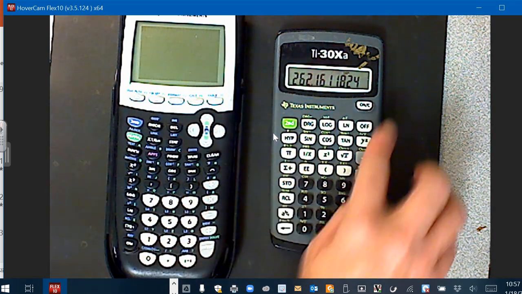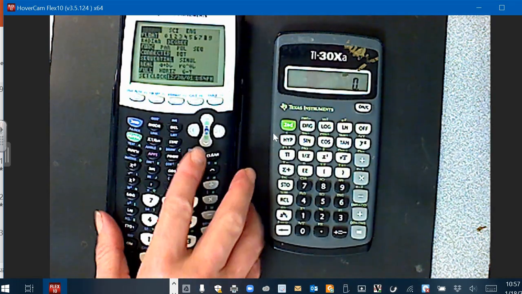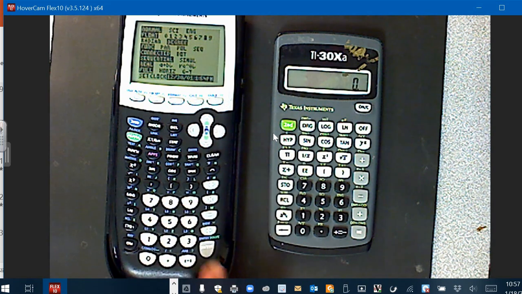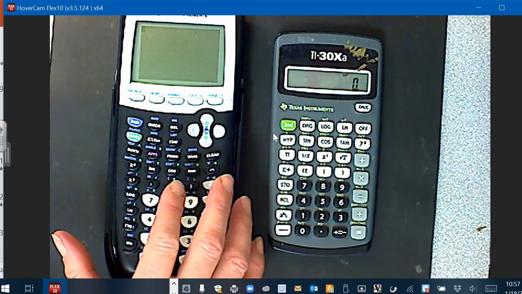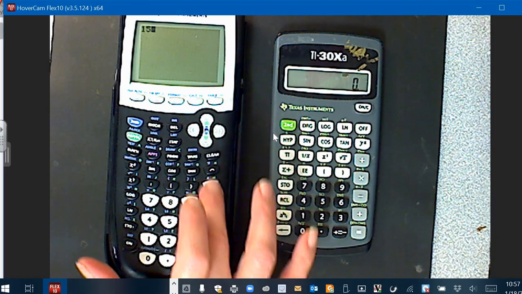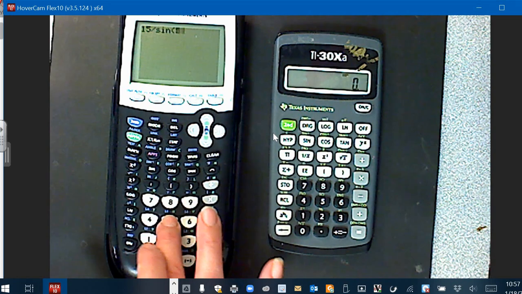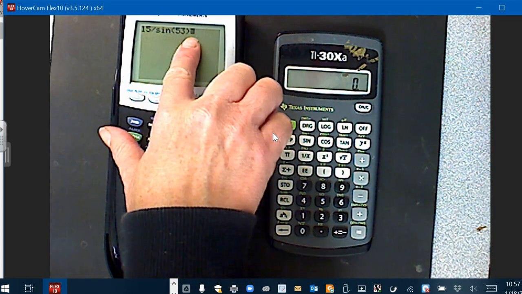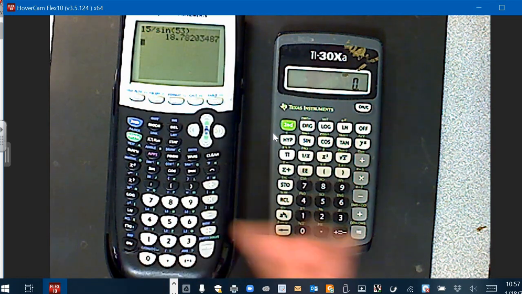There we are. So make sure you're in degree mode. Mode, down, down, over, enter, clear. Once again, we are dealing with 15 divided by sine of 53. 15 divided by sine of 53, enter.